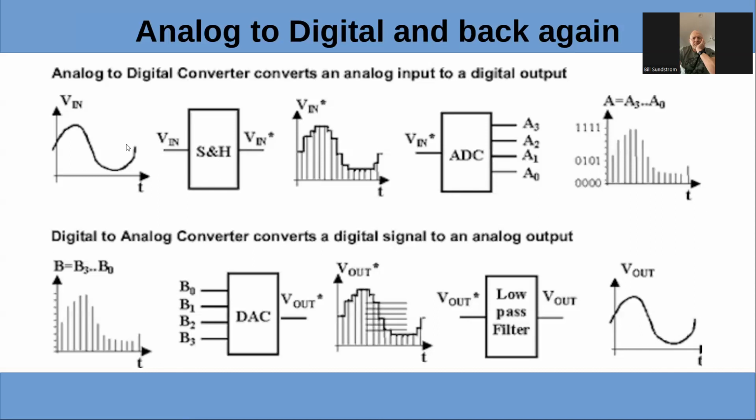Like in the case here, if we start off with this analog signal, we fed it into the sample and hold, the analog to digital converter. We did some stuff with it, like filtering. Eventually, it goes back to a digital analog converter and a final filter, and we'll get the output, which, depending on what we did with it, will look like the input, or it could even look better than the input.